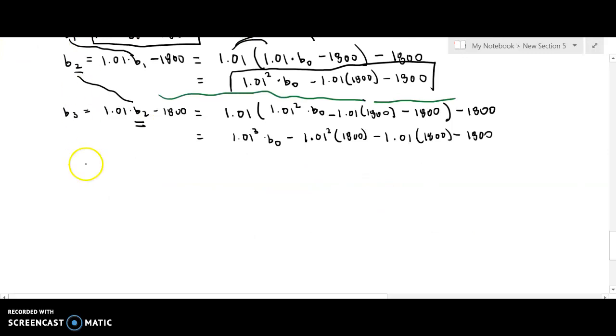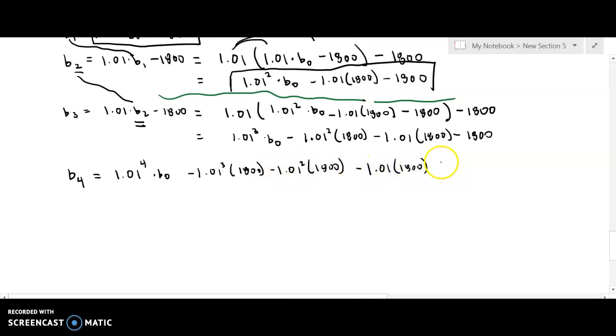So I think we're prepared to generalize our results. It looks like if I were to say what is B sub 4, the 1.01 would be to the fourth power times b naught, and then minus 1.01 cubed times 1800 minus 1.01 squared times 1800 minus 1.01 times 1800, and then finally minus 1800.